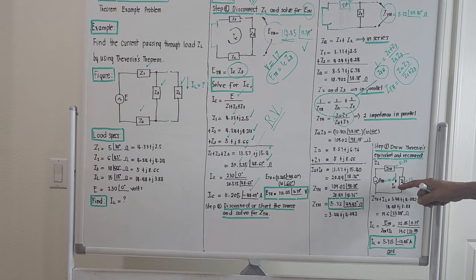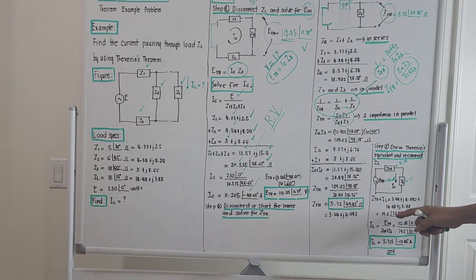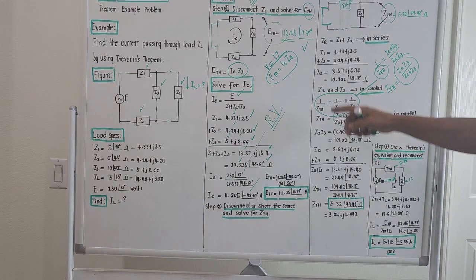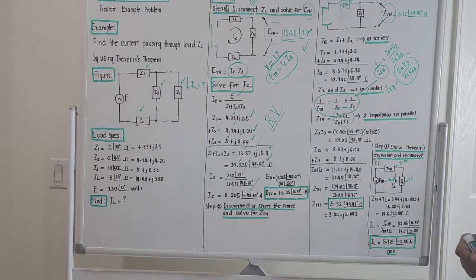So if we try to compute for the current passing here, we know the Thevenin's open circuit voltage, so we just take the sum of this. It's 19.6 angle 23.84. Therefore, the current passing through the load will be 112.05, the Thevenin's value, all over the sum of Thevenin's open circuit impedance and load, which is 19.6.